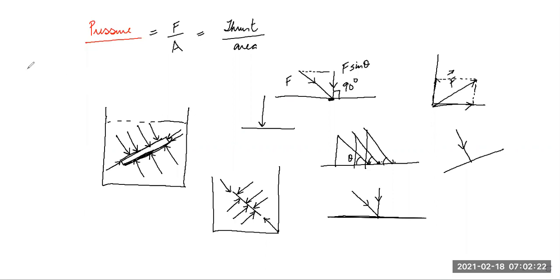All right, students, a little bit more in-depth understanding of this can be explained here. See, if this is the surface, now there are so many fluid particles. There's a fluid particle here, here, and here. Now this fluid particle is applying this force, then this force, then this force.